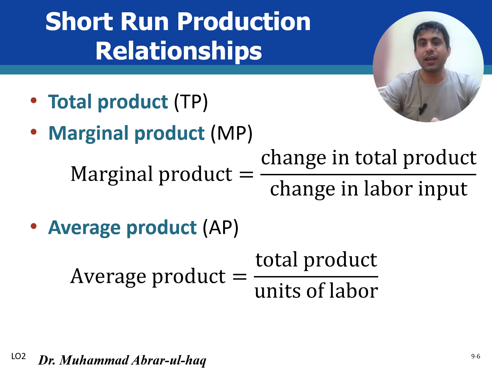Average product gives an overview of the efficiency of labor usage in producing the goods. So understanding these relations helps firms optimize their labor input and enhance productivity, as they directly influence decisions related to hiring and production scaling in the short run.